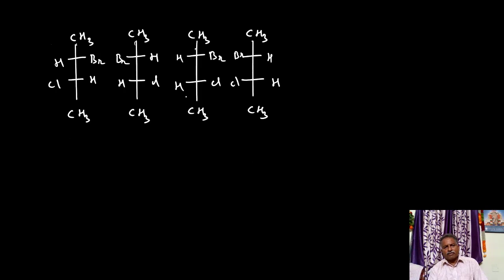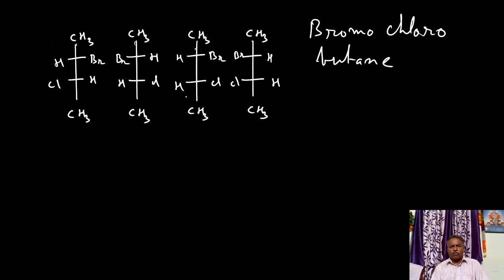What is the substance given here? This is bromochlorobutane. In this compound, 4 structures are given here. This is structure 1, 2, 3, 4. Observe carefully, structures 1 and 2 are mirror images.